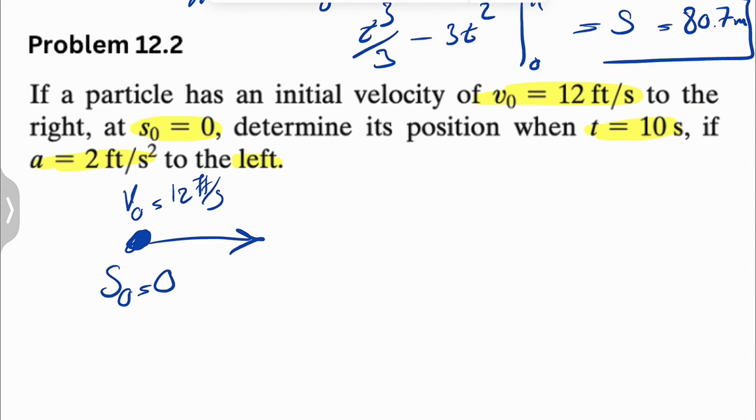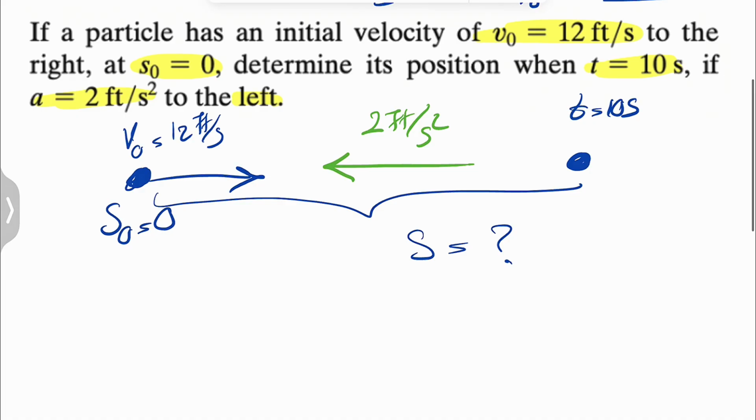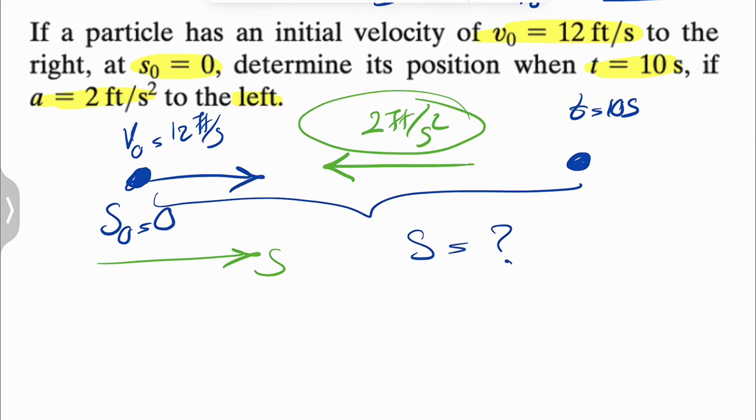And we know when we have the second position here, where the time is 10 seconds, we need to figure out this distance here, knowing that we also have an acceleration opposite of the velocity, 2 feet per second squared. What that means is, if we call the positive x in this direction our positive direction s, we need to keep in mind that the acceleration is now negative because it's in the opposite direction.